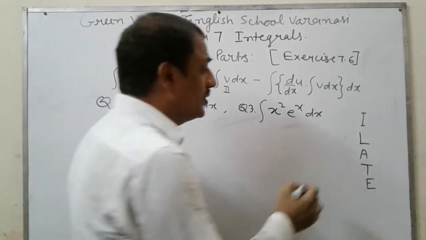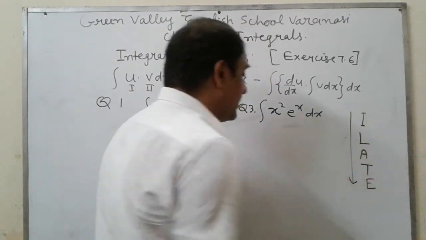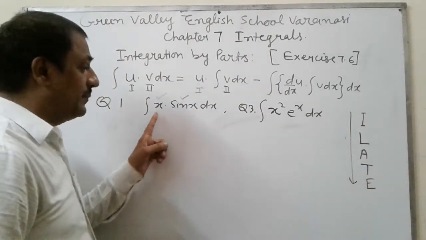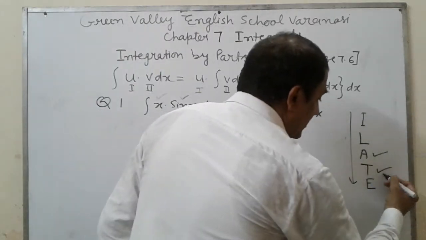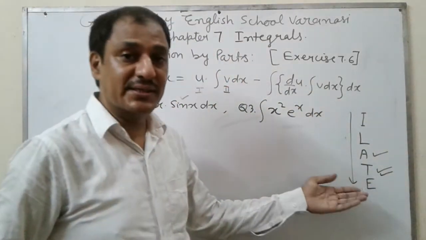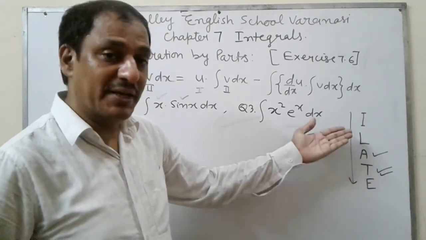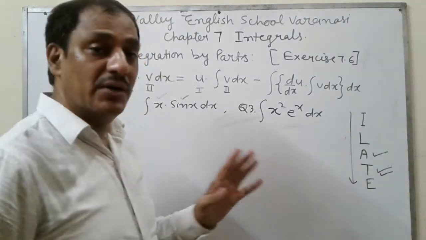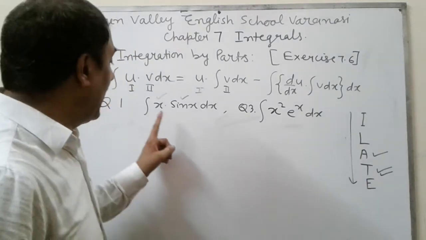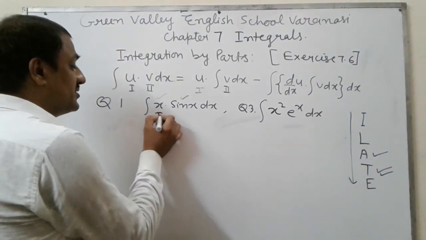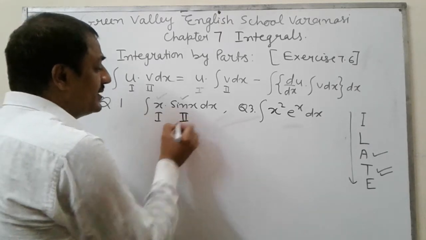According to this rule, the algebraic function comes before the trigonometric function, so x is the first function and this one is the second function.